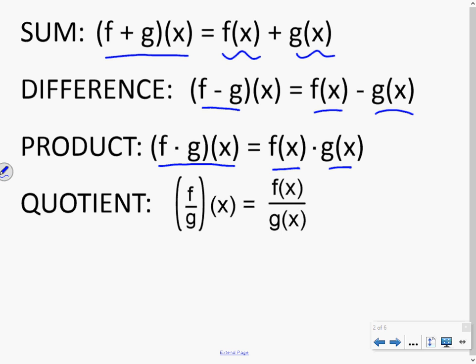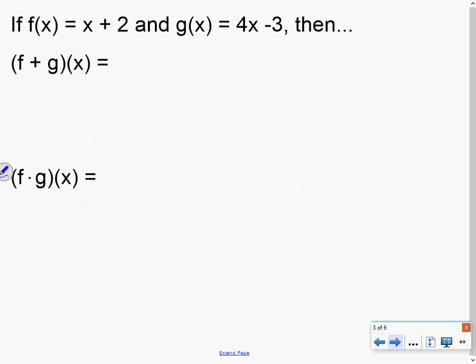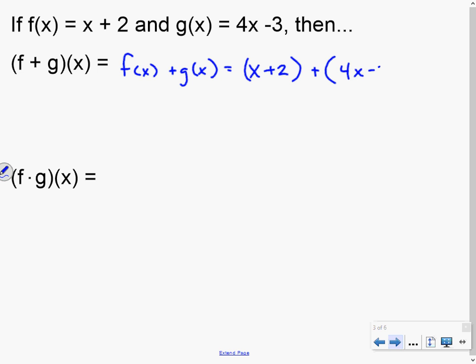So let's just look at an example here. Okay, let's say f of x equals x plus 2 and g of x equals 4x minus 3. Well, if that's the case, then f plus g of x really is just f of x plus g of x, which is going to be x plus 2, right? That's my f of x, plus g of x, which is 4x minus 3.